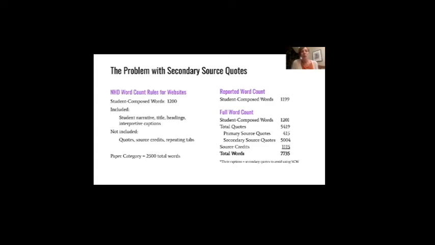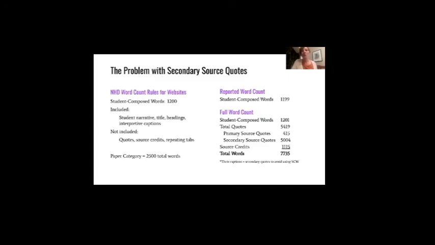The NHD rules for word counts for websites is students are allowed to have 1,200 student composed words or less. And this includes their narrative, the title of the project, any headings that are in the text, and any interpretive captions that they use to interpret images or even other documents that they put in the website.